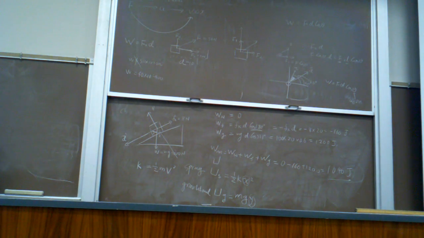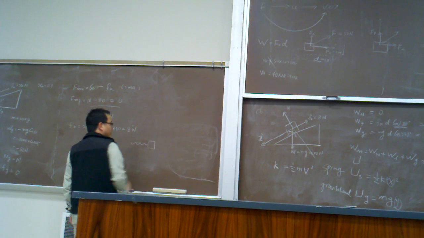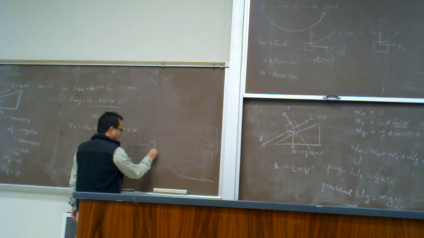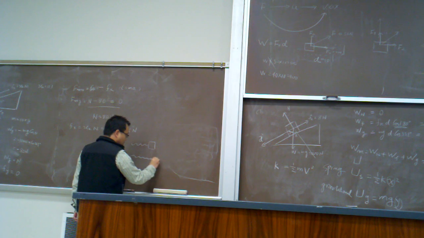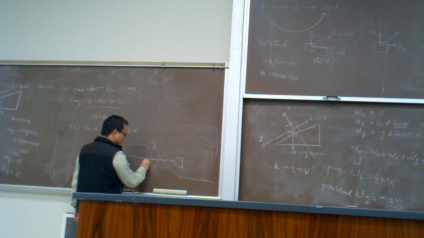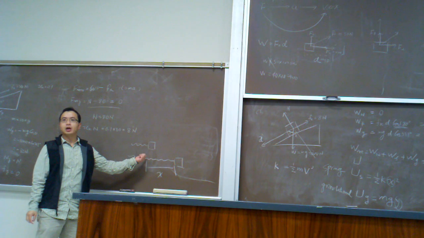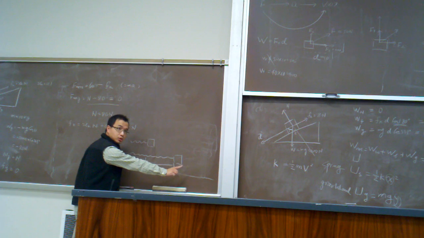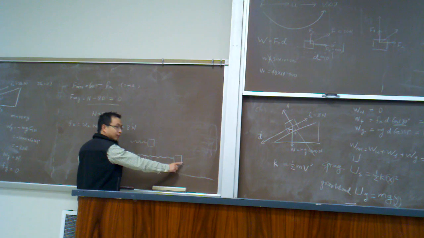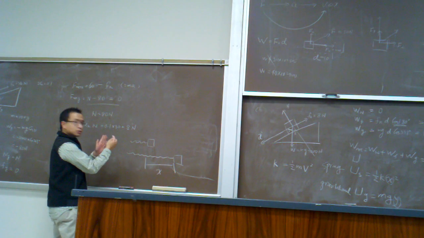Let's say if you have a spring in the relaxed state connected to a block, and you stretch the spring to another distance, x is the distance measured from the relaxed point. This is just the spring potential energy. If you stretch it, you're going to have some potential energy. Or similarly, if you compress it.